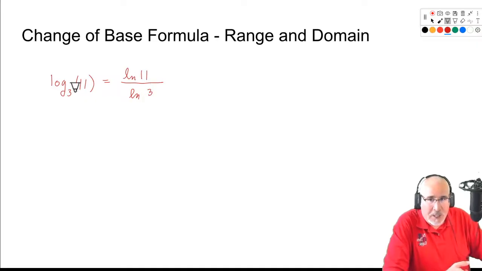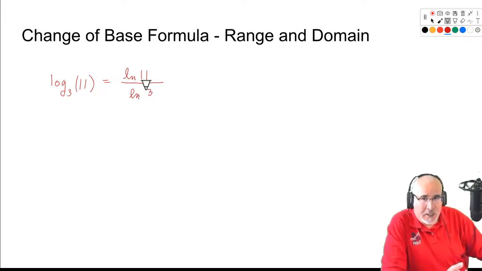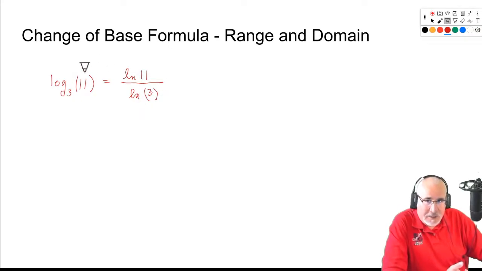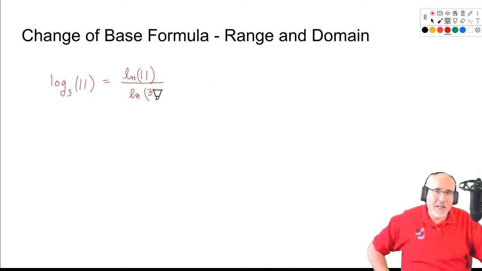Notice how we're calculating a log base 3 using a log base e. This is the formula that gets it: we just take the natural log of the input divided by the natural log of the base itself. We'll end up with the same thing if we used the common log, but I'm just going to leave it at this.